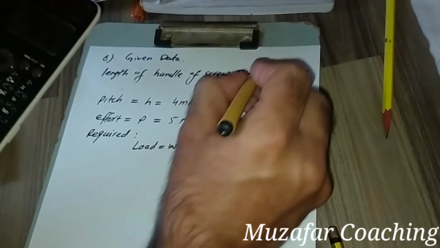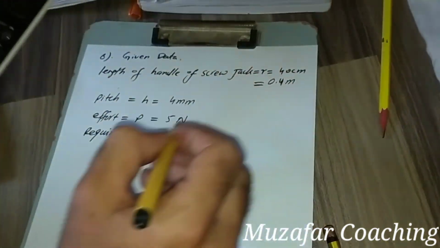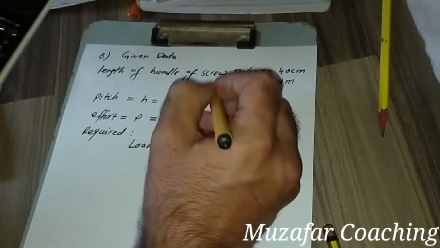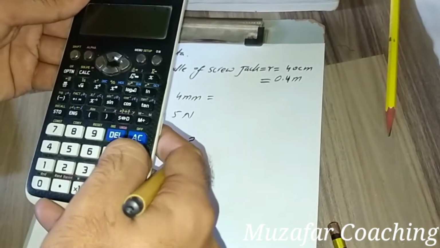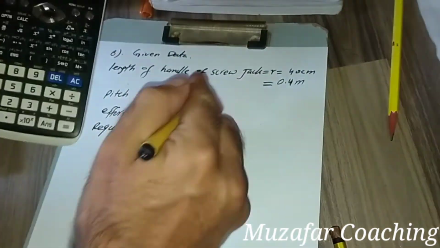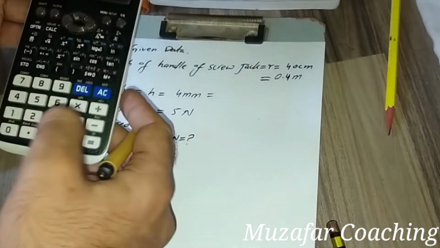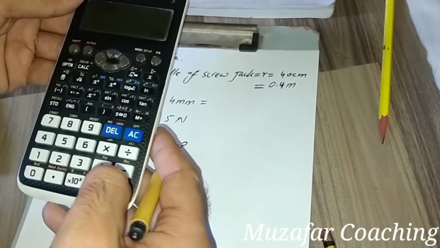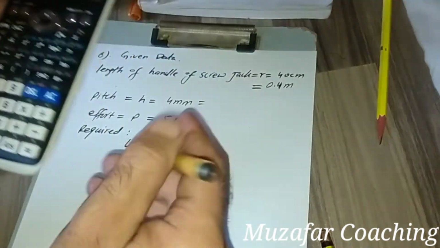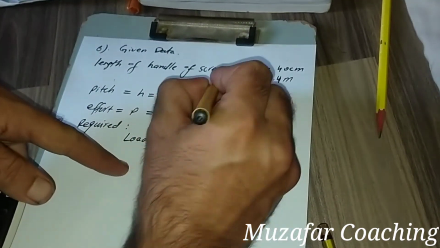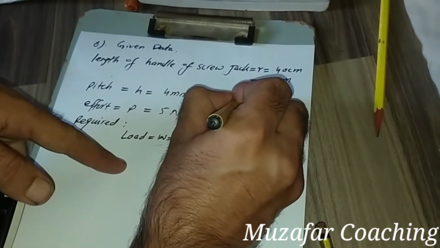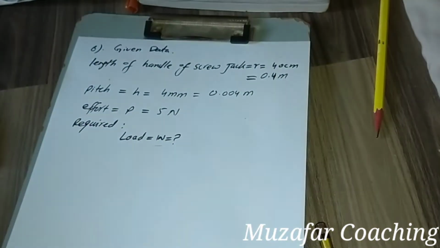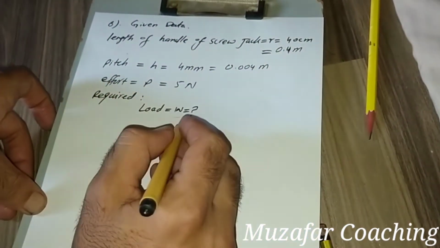Because the units must be in SI. When these are in SI units, we will get the correct answer. The second one is millimeter. Since in 1 meter there are 1000 millimeters, we will be dividing by 1000. So the answer is 0.004 meter.